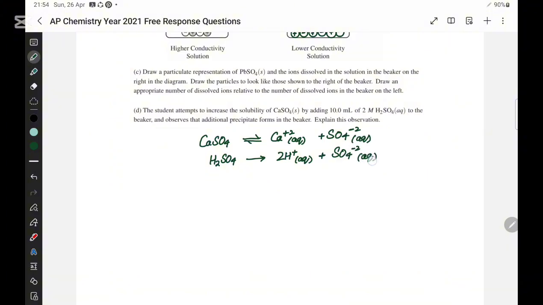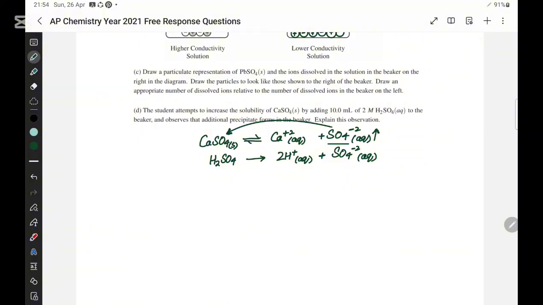So you can see there are common ions. Sulfate is a common ion. So when you are adding more H2SO4, there will be more sulfate ions, so its concentration will increase and the equilibrium will shift towards the left-hand side, so there will be more precipitate of calcium sulfate formed.